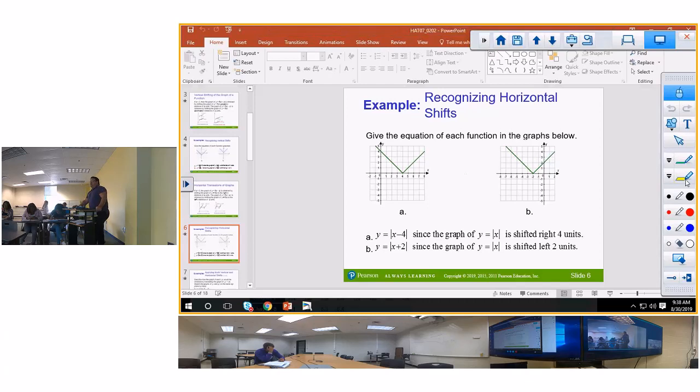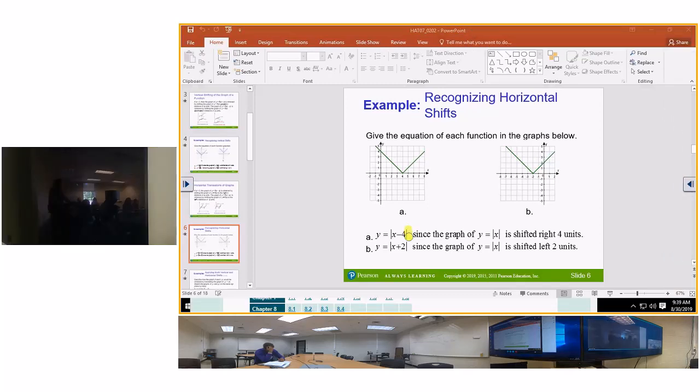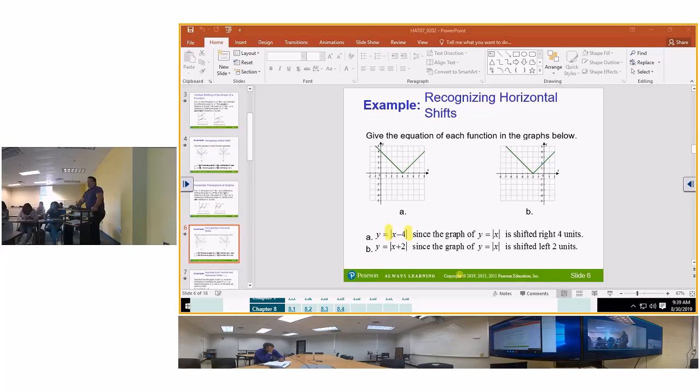What do I mean by the function? Well, if I take my handy dandy highlighter and I highlight those two marks right here, the function is those two marks. What do they represent? Absolute value. If it was parentheses and squared, that would be the squared function. If it was parentheses to the third, that would be the cubic function.